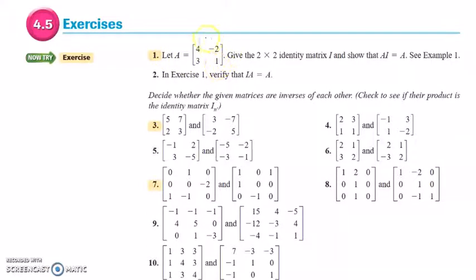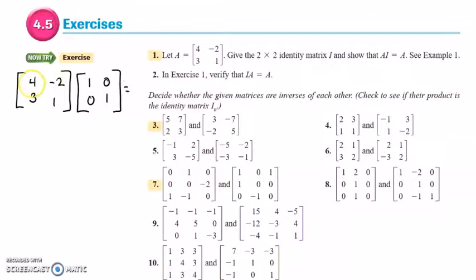Let A equal this 2 by 2 matrix. Give the 2 by 2 identity and show that A times I equals A. And then my identity matrix is this.